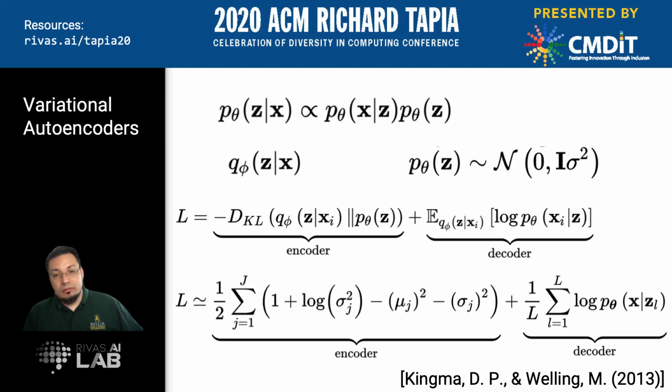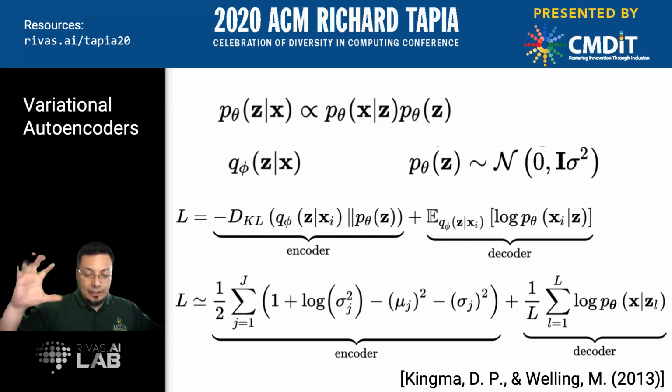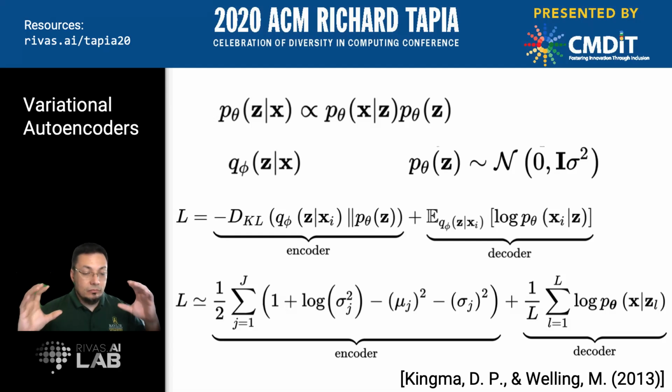In this case, coming from Bayes' theorem, we have the prior distribution, Z, a distribution of the input stimuli. We're going to call Z also the latent space, if you will. So Z is the space where the representations exist.